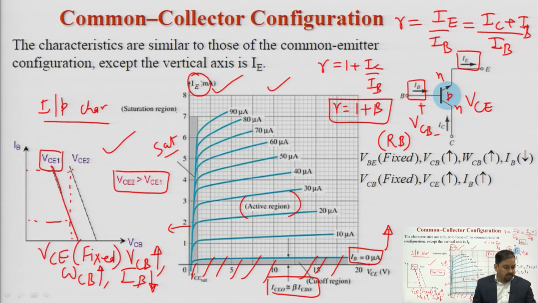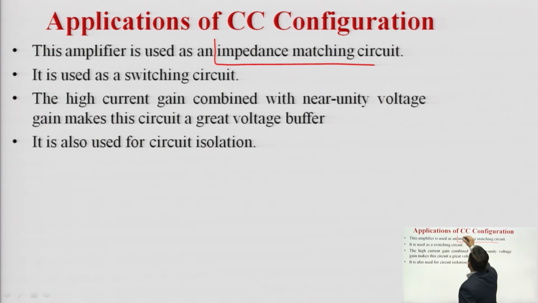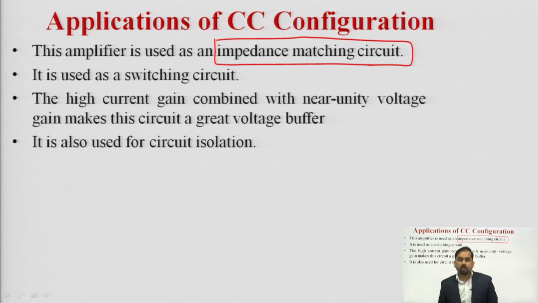Now, we will see what the application areas of the common collector configuration are. First and foremost, the common collector configuration is used in impedance matching circuits. Impedance matching is required when we want to transfer the maximum power towards the output side.